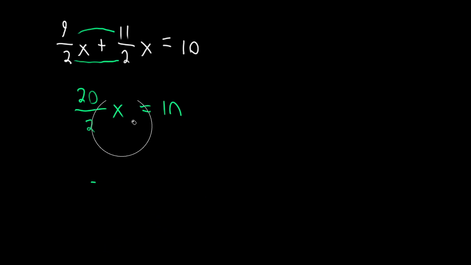All right, one more. 0.2x minus 0.7x equals 6.5.